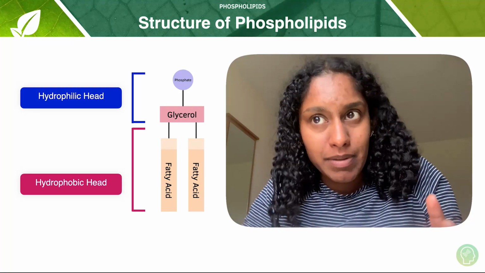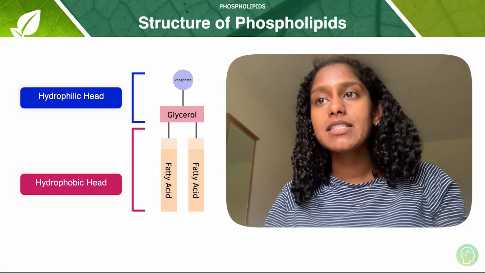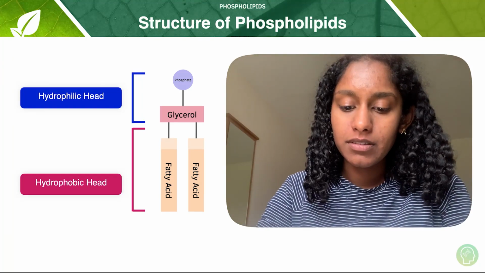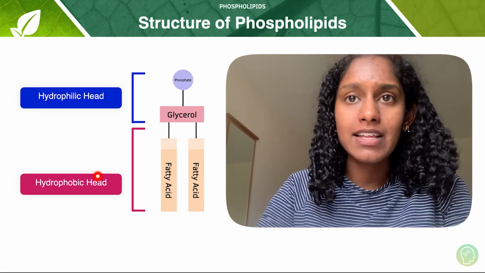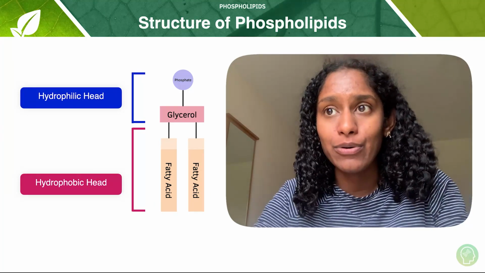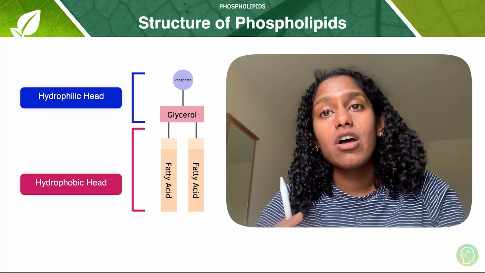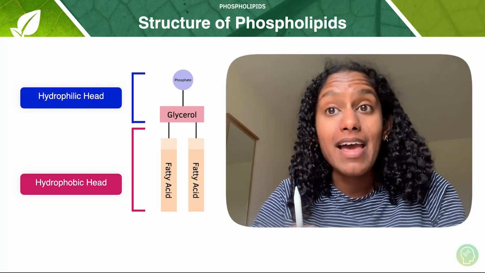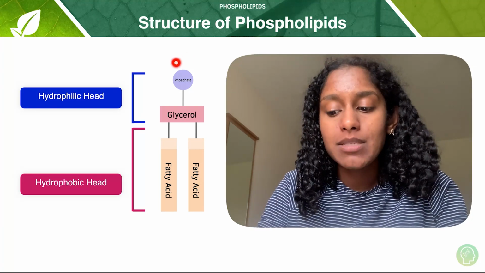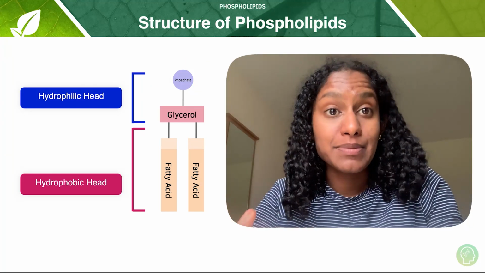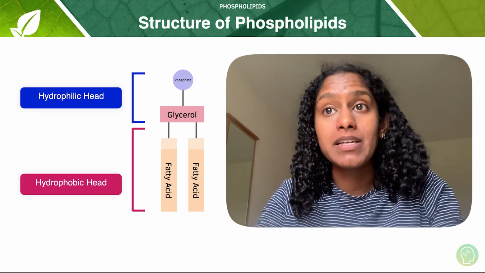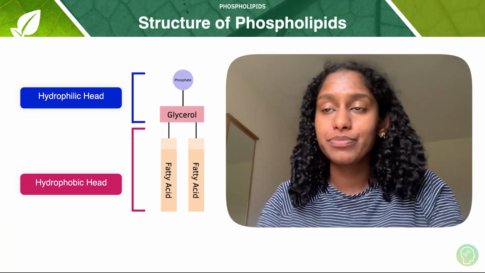So what does this really mean? It means that our tail here, apologies, it's labelled as head, that should say hydrophobic tail, is not water-loving, it's water-hating, whereas this part is water-loving, the head, i.e. a phospholipid is a polarised molecule.